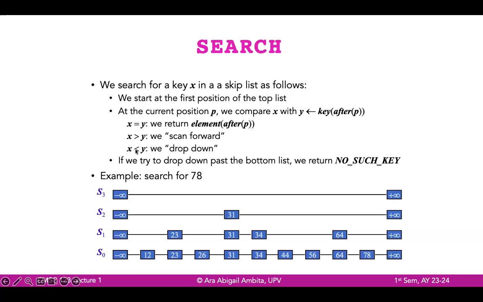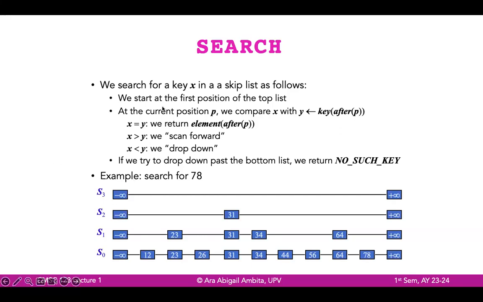But if the key x is less than the key after where we are, for example less than 31, then we drop down, moving to the next list below. If you try to drop down past the bottom list, then the key doesn't exist. Let's have an example to understand it better.